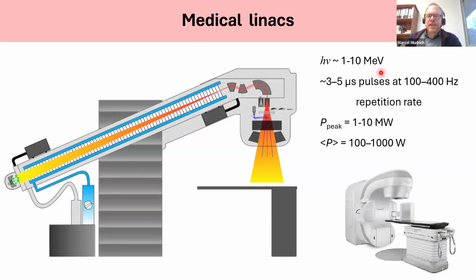And for therapeutic applications, we need powers much higher than the typical X-rays for diagnostics. So here we're talking about 100 watt up to kilowatt of time-averaged output power, operated typically in a pulsed mode, with pulses between 3 and 5 microseconds at a repetition rate of 100 to 400 hertz, where each pulse has a peak power of up to 10 megawatt.